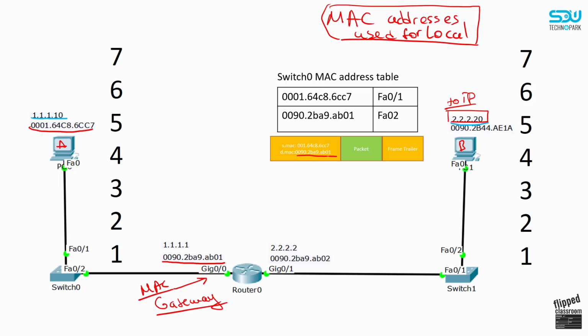Okay, it makes a comparison of this MAC address with this MAC address. The switch has to have this MAC address in its own MAC address table. According to this MAC address table, the switch will define where to resend this information, and it defines that, okay, I will send this information through the FA02 port, and it's like, okay, you go like this.